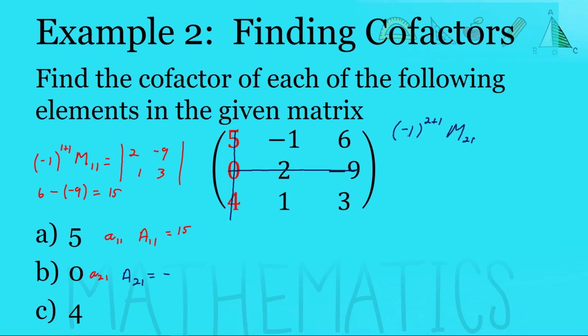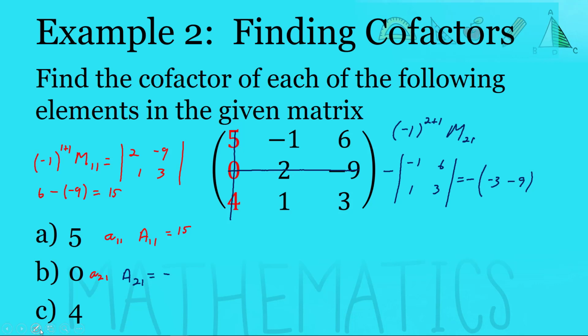And of course, -1 raised to the 3rd power is going to be -1, so we're going to have minus the determinant of -1, 6, 1, and 3. And that's going to be minus, okay, -1 times 3 is -3, minus 1 times 6.